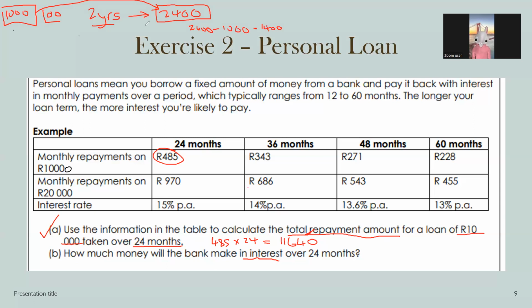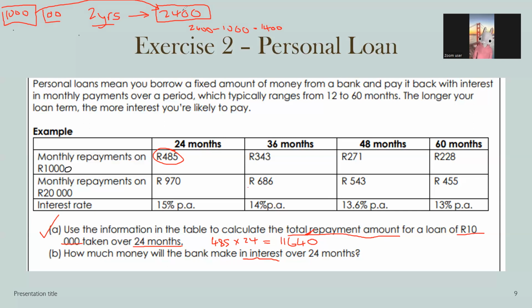So remember this 2,400, that is the total repayment amount, the total amount that you repay me, right? The 1,000 rand was the amount of the actual loan.